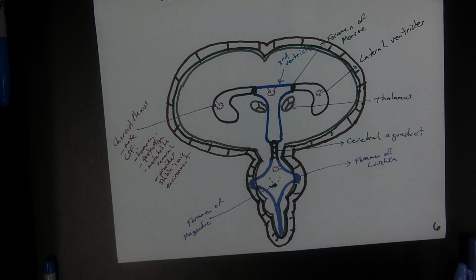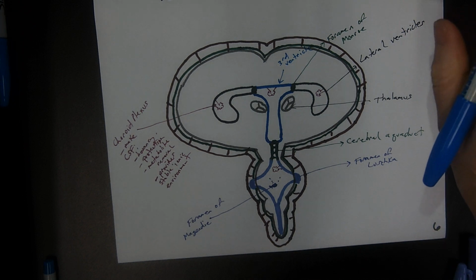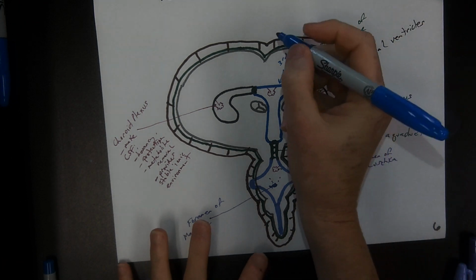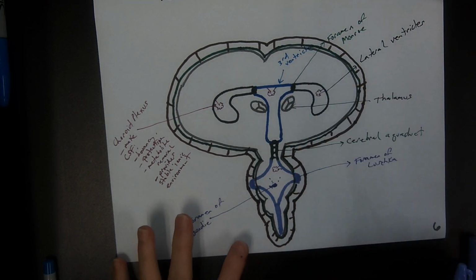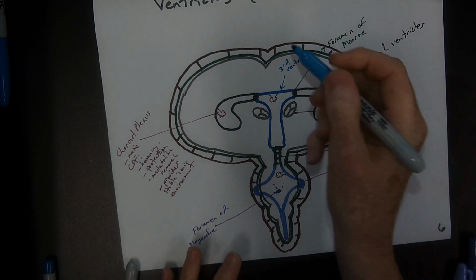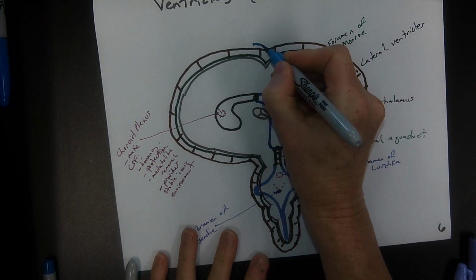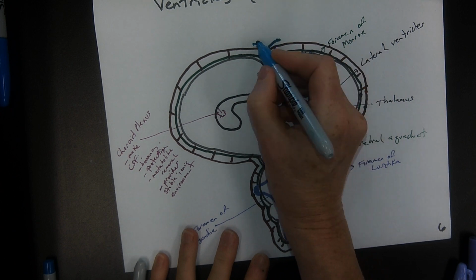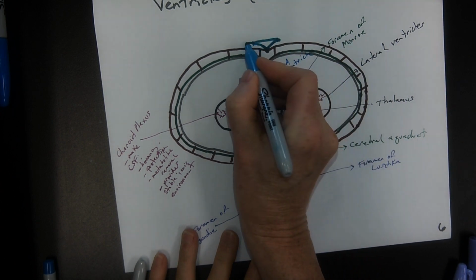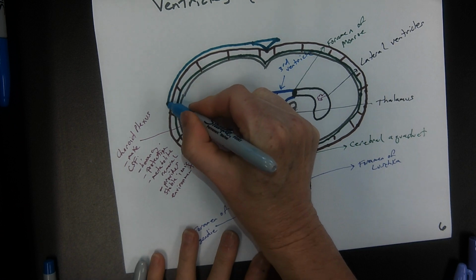Okay, and we've seen also that you have your dura mater. So you have your meningeal dura, which was here, that made that invagination, right? So here's your meningeal dura.